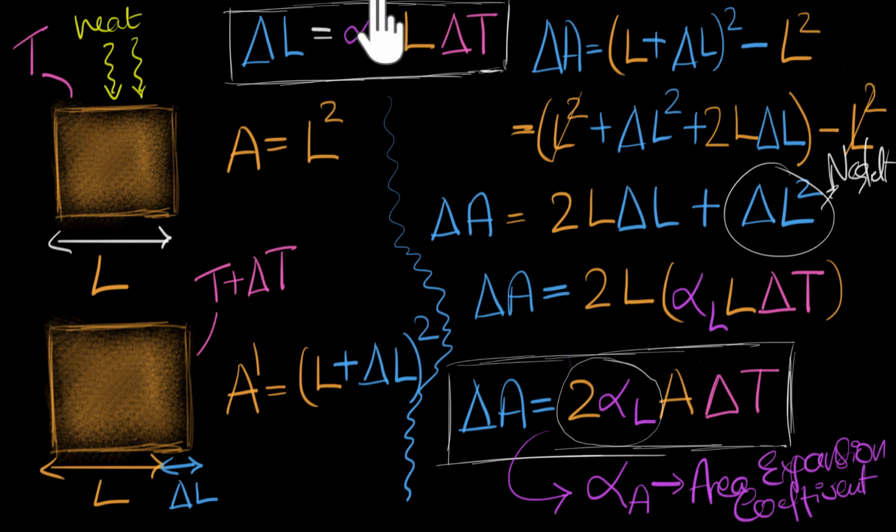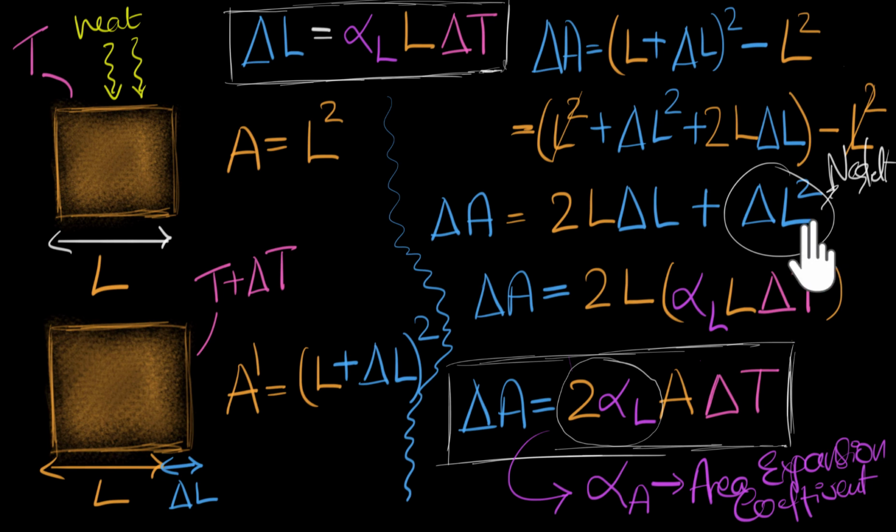So just like how alpha L helps us calculate changes in length, alpha A helps us calculate changes in area. And if in any numerical they ask you to calculate the change in area and alpha A is not given to you and only alpha L is given to you, you can still do it because alpha A is just 2 times alpha L.